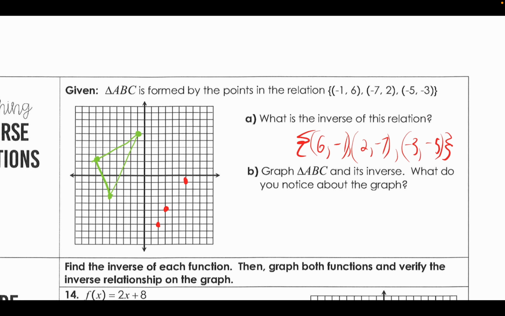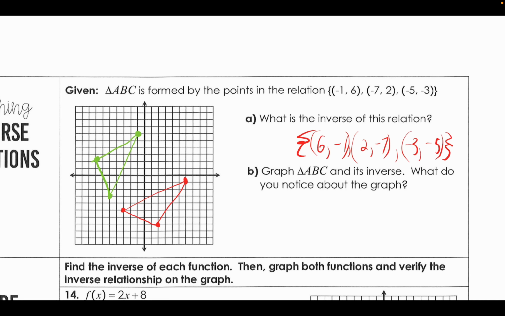Oh, what did I do wrong there? Oh, negative 3 comma negative 5. I plotted that one wrong. There we go. I went positive 3 and I expected this to work, which, spoiler alert, it didn't. There we go. We notice that these kind of look like the same triangle, just moved.